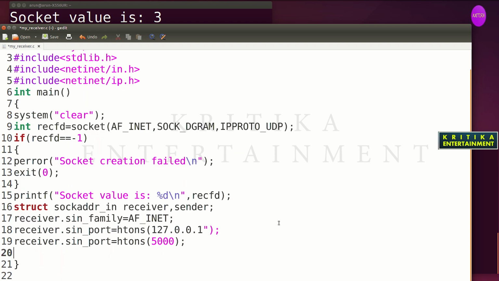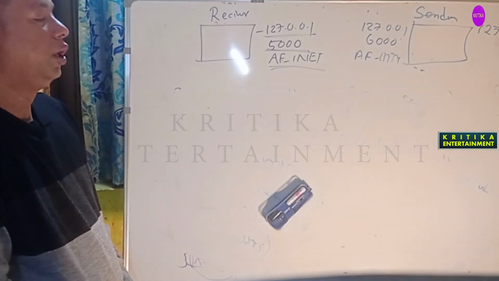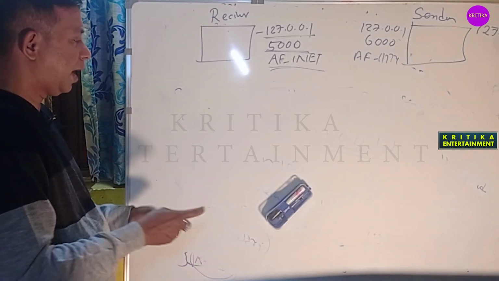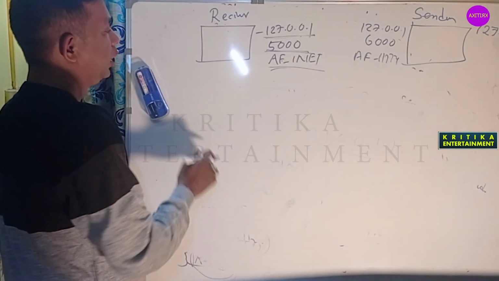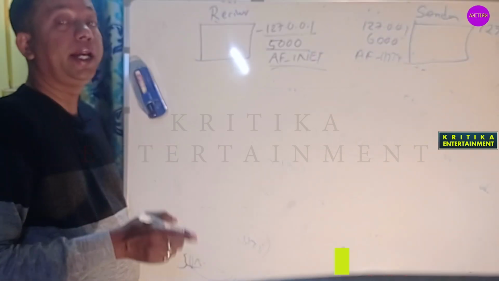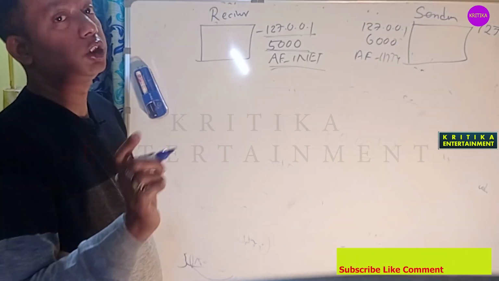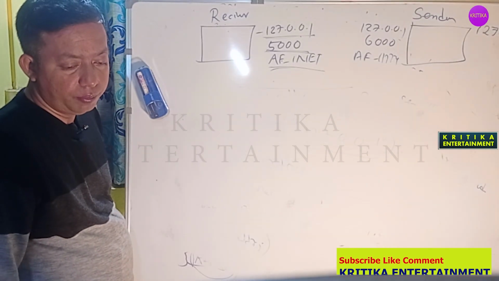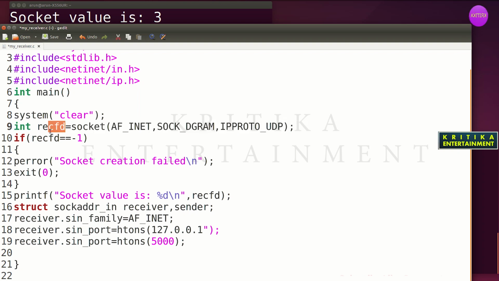Then next is the bind function. I have shown you in the UDP connection diagram, there is a bind function. What is the bind function? The bind function is used to associate the port, IP address and domain to the socket. That means the socket is here, I have given the name receiver FD.